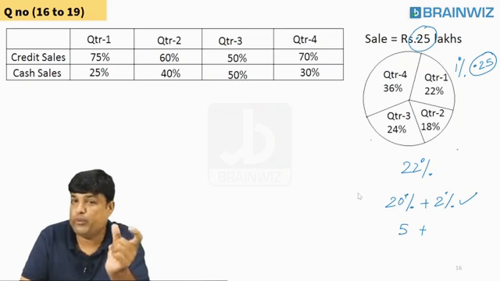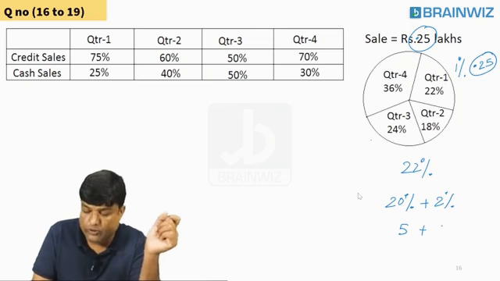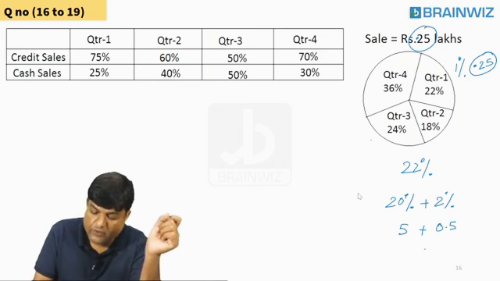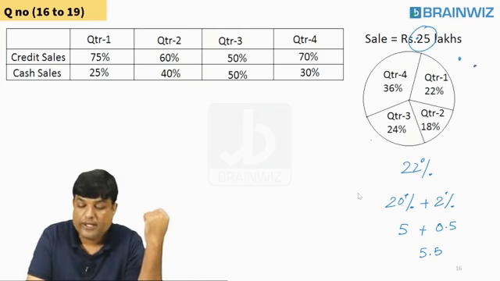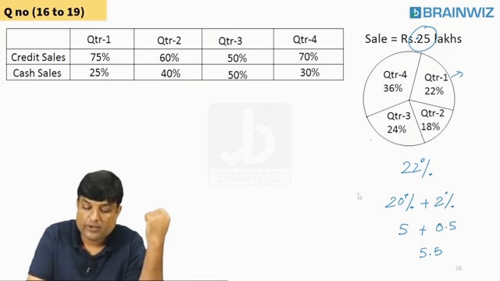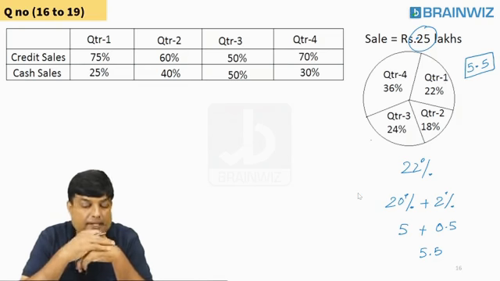So 2% is 0.25 plus 0.25, that is 0.5. So we can say 5.5 lakhs. Are you understanding, students, everybody? How much of the business you have done in the first quarter? 5.5 lakhs. Yes or no?